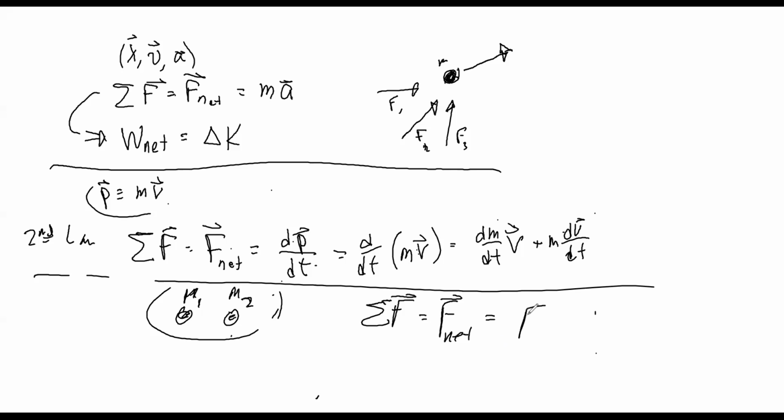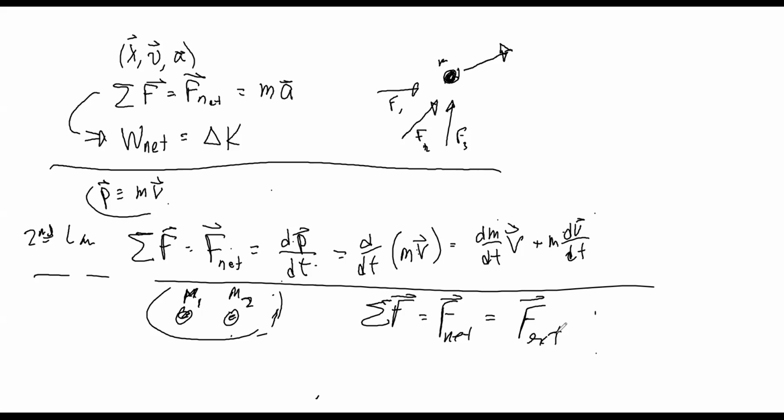Will be equal to F external. That is the sum of the external forces on the system. The masses in the system, two or however many masses there are, will generally interact, but they will be equal and opposite forces according to the third law. So the internal forces will cancel. The net force on the system, on the sum of its parts, will be equal to the net external forces.